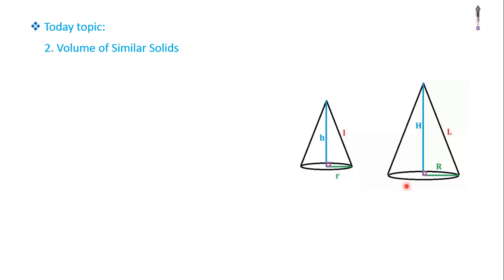Also the radius, perpendicular to the height here, is lowercase in one and capital in the other. So if these two cones are similar, we can compare the sides like this. Yeah, they are proportional, so equal to k as a constant value.